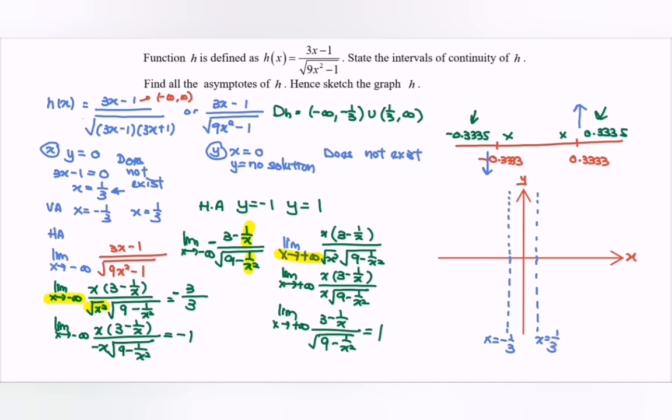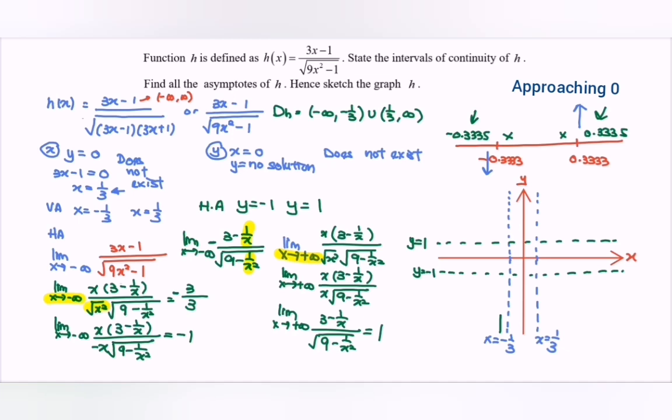Continue for the horizontal asymptote, where we have y equals negative 1, then we have y equals 1. So based on the situation, for the vertical asymptote, as x approaches negative 1 over 3 from the left, the graph will be decreasing, as x approaches 1 over 3 from the right.